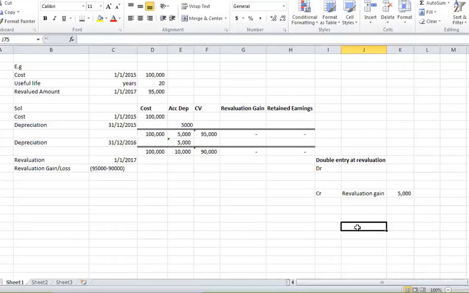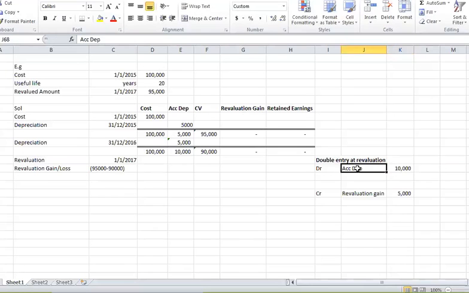What would be the remaining entries? We will cancel accumulated depreciation. What is accumulated depreciation of this asset? £10,000.